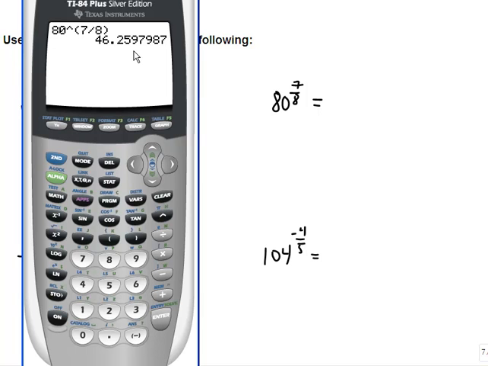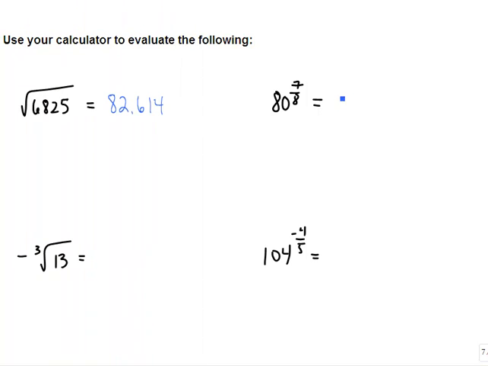If we wanted to round this up to 3 decimal places, where that 9 is, the next digit over is a 7, so we're supposed to round up. How do you round up a 9? Well, it's actually going to round up the 5 in front of it to a 6. So this is going to be 46.260 if you want to use 3 decimal places.